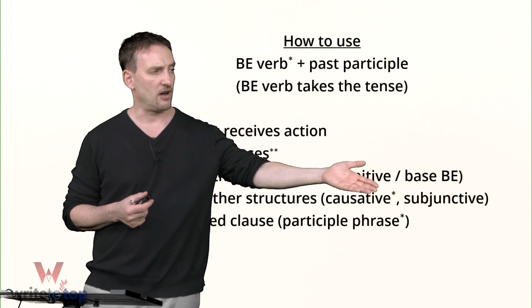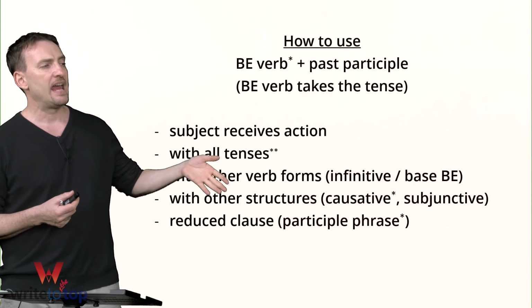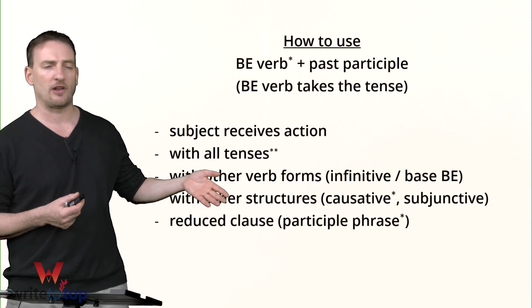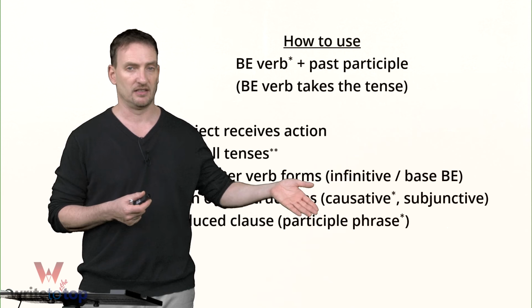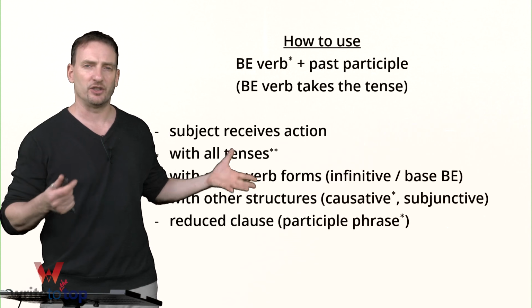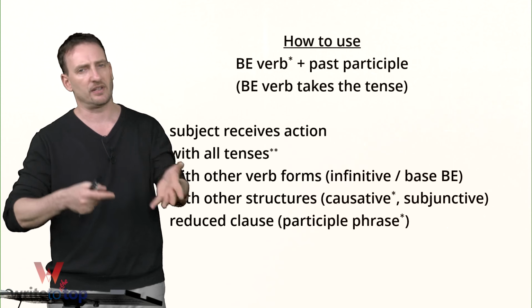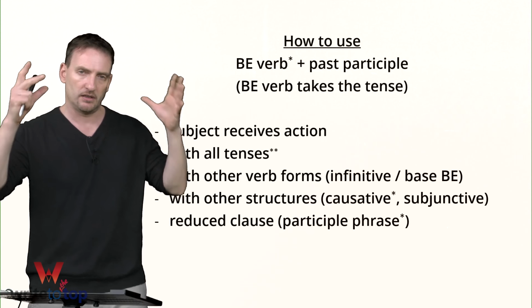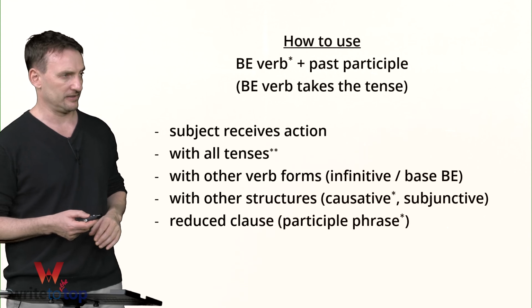And again, the causative, there's no be verb in there, and I'll show you an example of that. And you can use it in a reduced clause. Basically, you're creating a participle or a participle phrase. Now, this means that this used to be a full clause with a be verb, but you took out the conjunction, you took out the be verb, you're left with a participle. So let's look at examples of all of these.